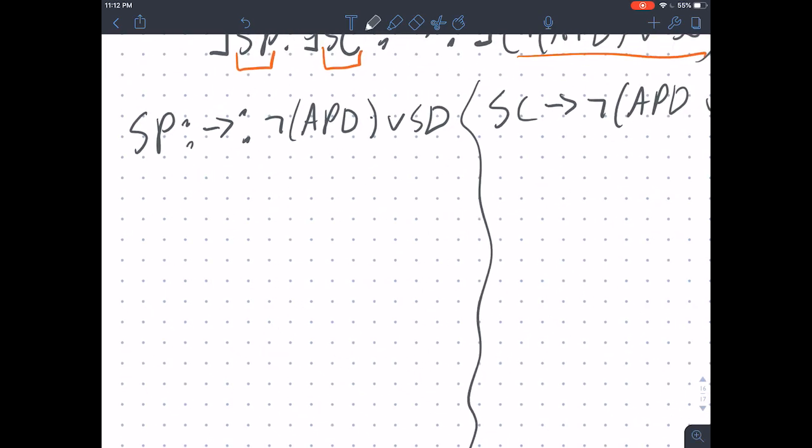Actually, I don't need to branch. So we can use a fell swoop on both of these. So we are going to set, for this side, P and S both equal to true. So that gives us... okay.